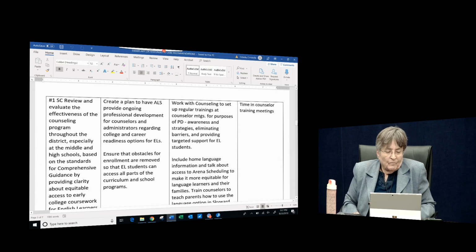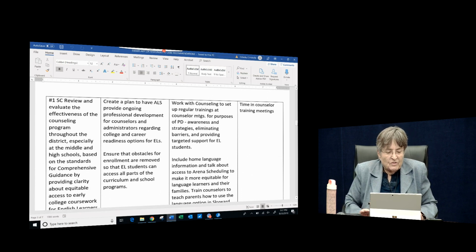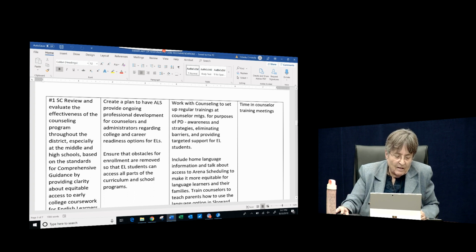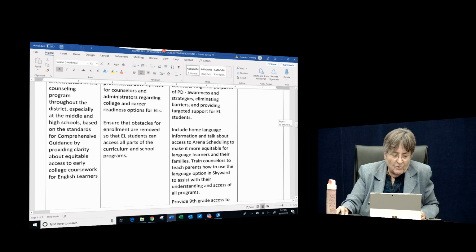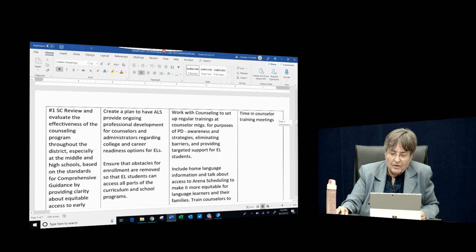So the first one is systemic change. They review and evaluate the effectiveness of the counseling program throughout the district, especially at the middle and high schools, based on the standards of comprehensive guidance, by providing clarity about equitable access to early college coursework for English learners. Okay, so this is a big one.